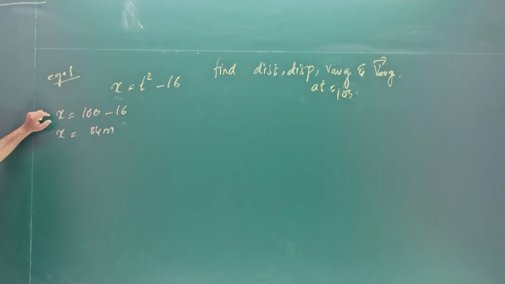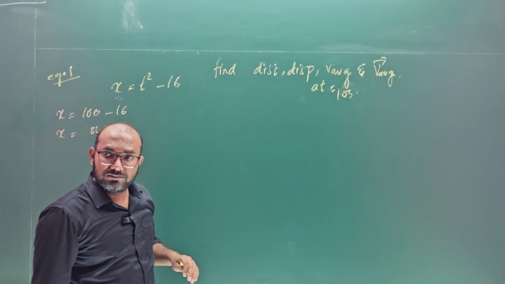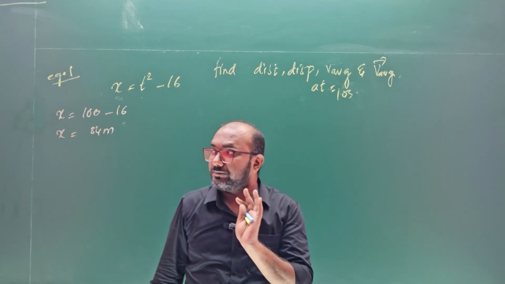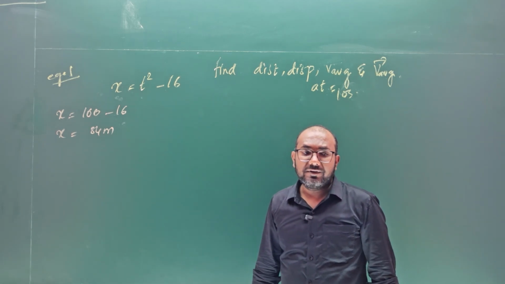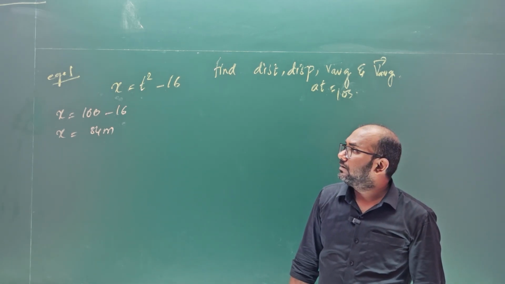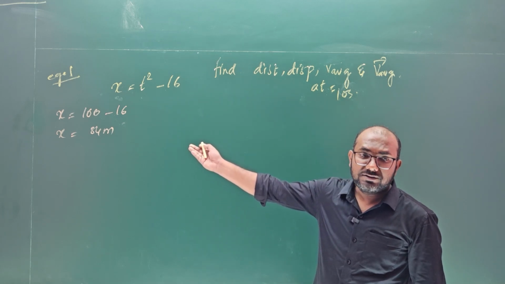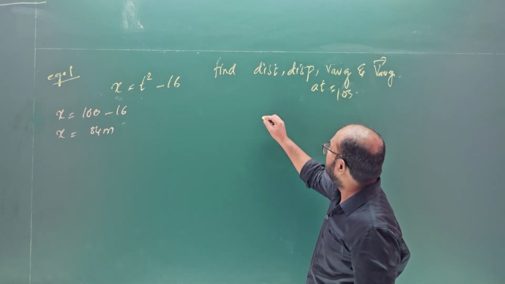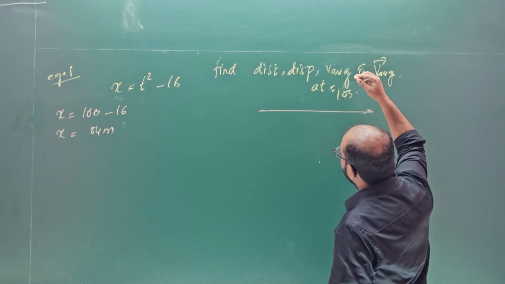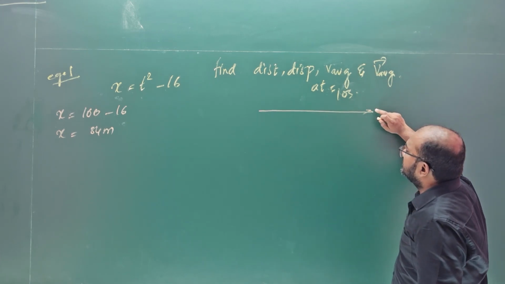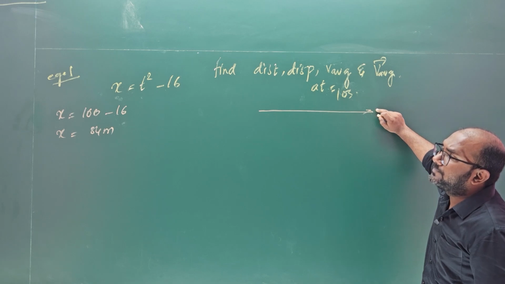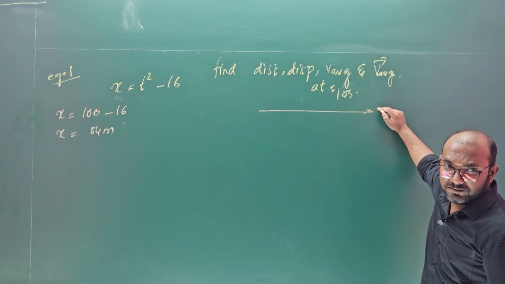Are distance and displacement both equal, or do they have different values? If the object is moving in a straight line without changing direction, continuously in one direction, then distance and displacement are both equal.